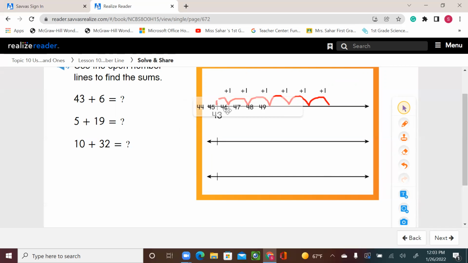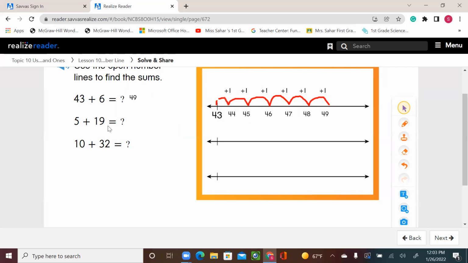Okay, let's put this down. So 43 plus 6 equals 49. Okay, so that's the first question.